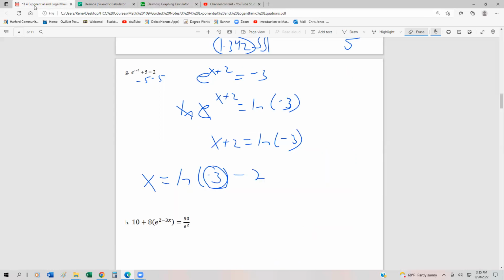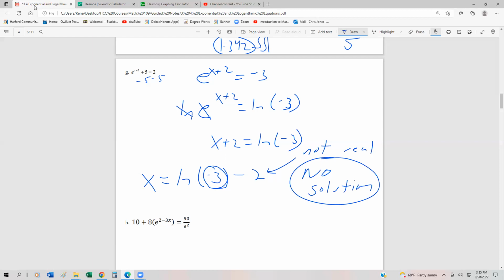So what that means is that there is no solution to this equation, right? Anytime you get a logarithm, whether it be natural log, log base 10, log base 77,000, and you have a negative inside of that logarithm, that is no solution. Okay, so remember, this is not in the domain.